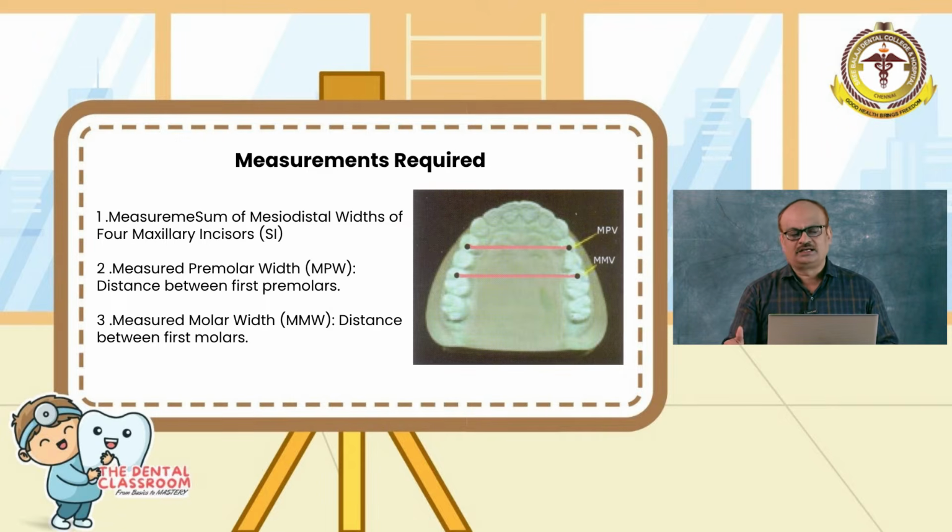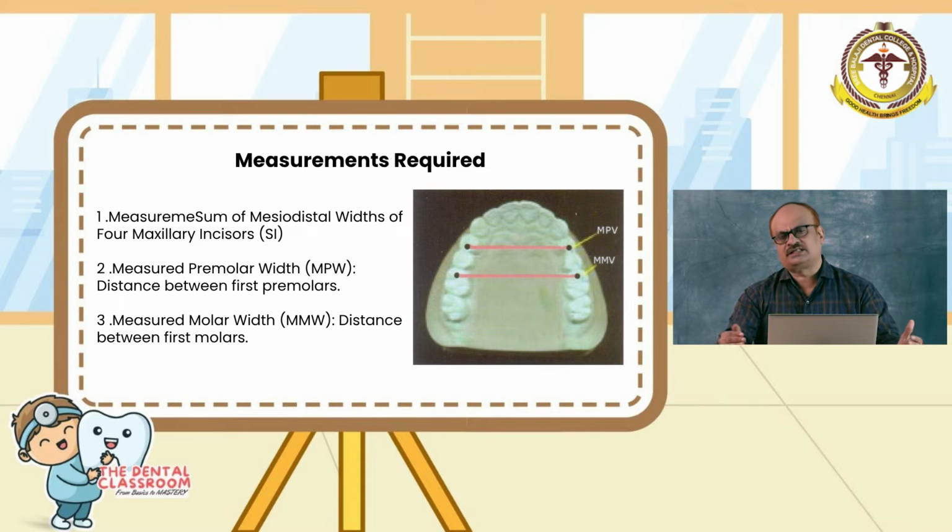So accordingly, we have a certain set of measurements. What are these measurements? First, directly measure the mesiodistal dimensions of your incisors on the cast. This is called the sum of incisors, or SI. Next, you measure directly on the cast between the distal pits of the first premolars, from one side to the other. He called it the measured premolar width, or simply MPW.